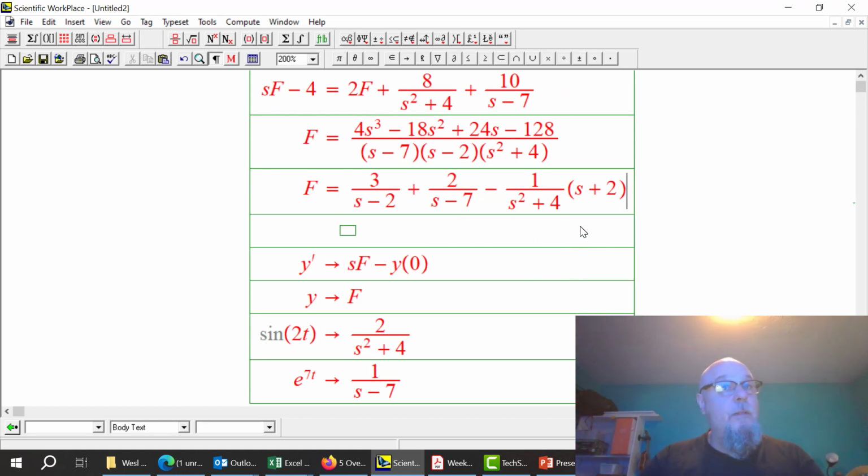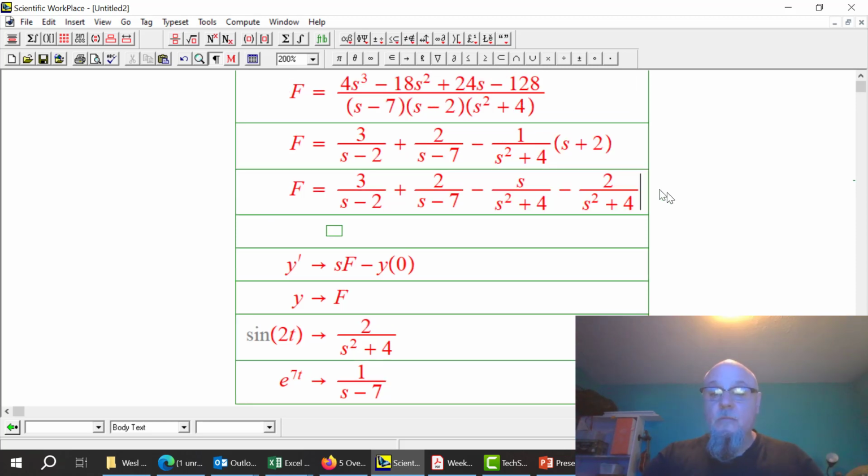We want to inverse Laplace this, so we want each piece to look like something from the chart. So here I've got this minus with this s plus. I'm going to split that over that plus sign. So I'm going to end up rewriting this piece. That's me distributing this minus across that plus sign. Now we're set. Each one of these pieces, I can take the inverse Laplace of.